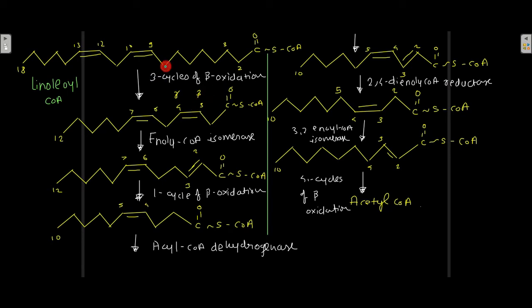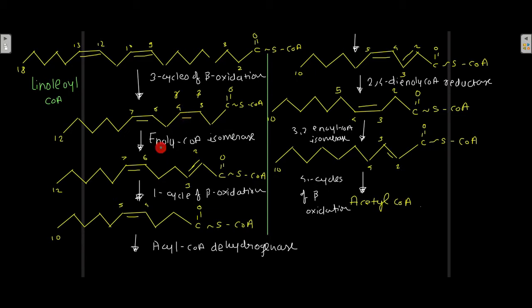So these 6 carbon units are removed by 3 cycles of beta oxidation, and then you get this molecule. Now in this molecule there is a double bond, so the process of beta oxidation cannot move further.